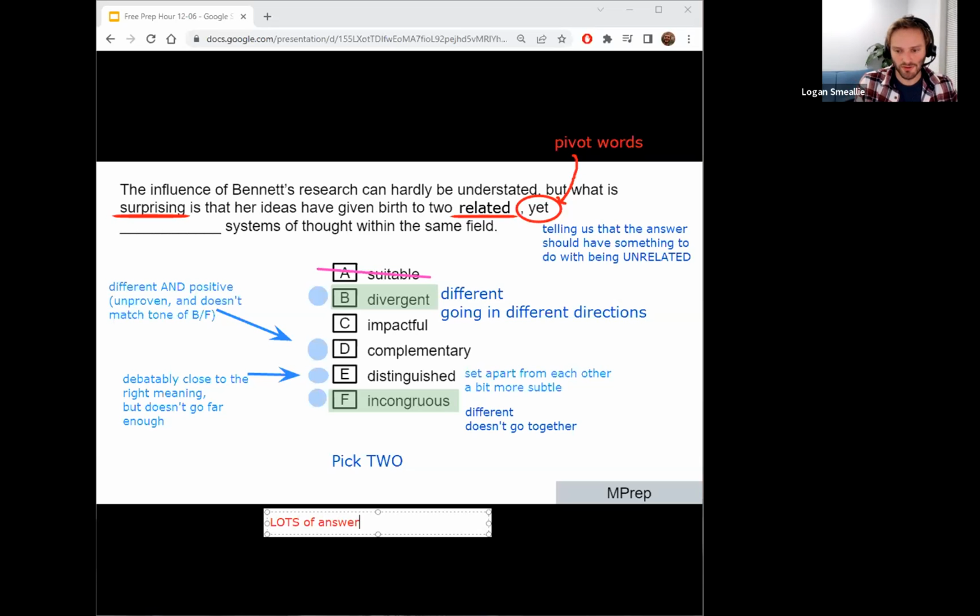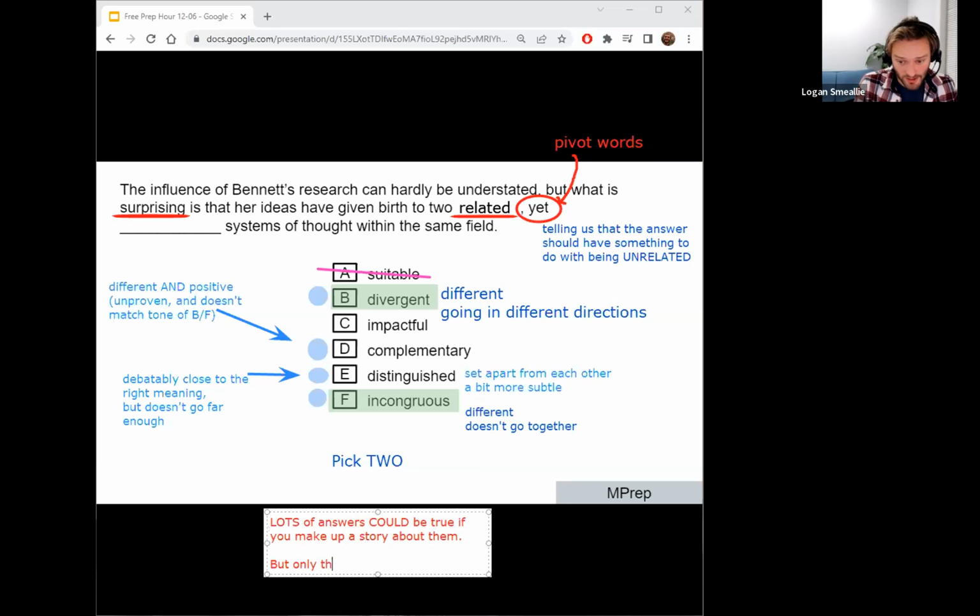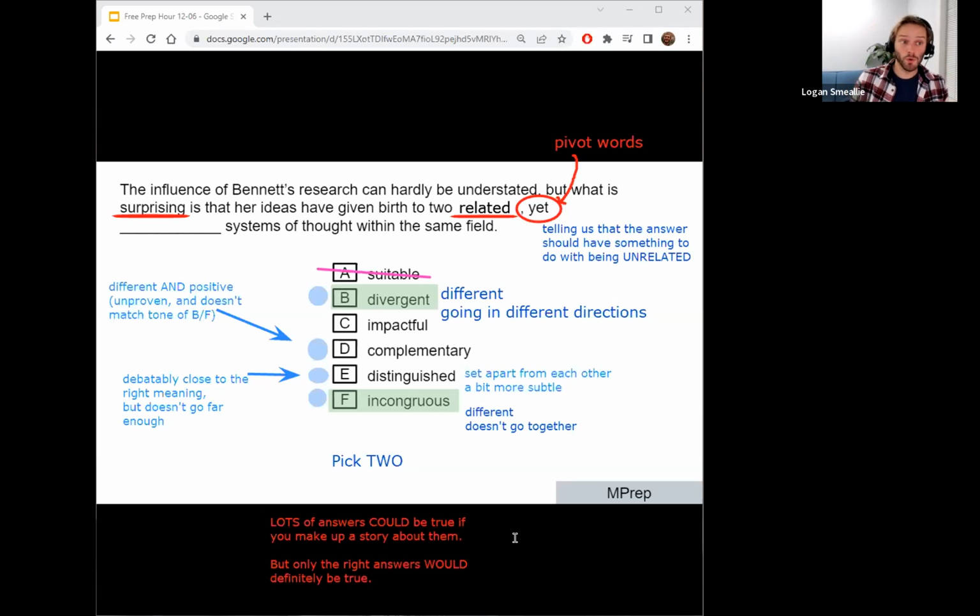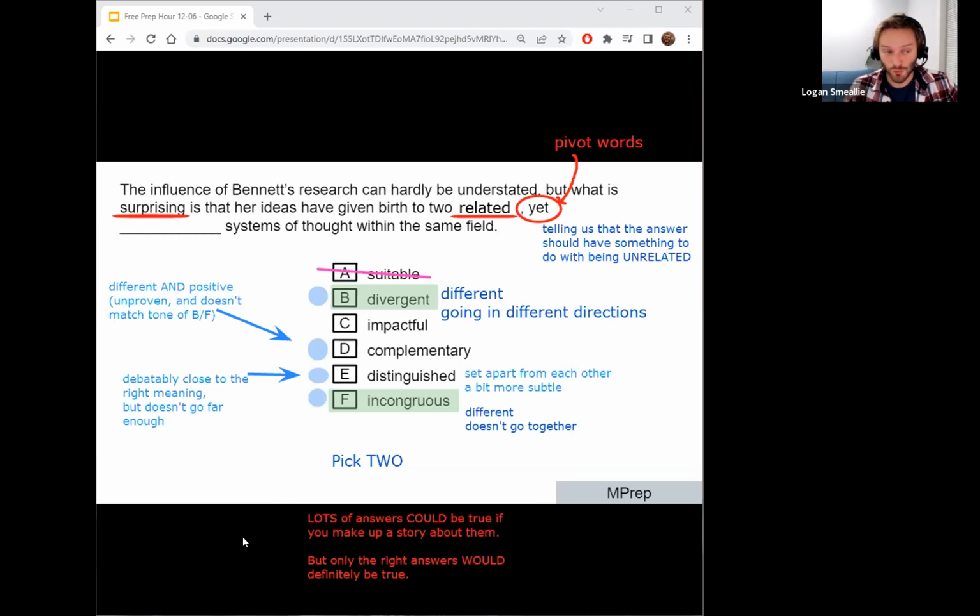Lots of answers could be true if you make up a story about them, but only the right answers would definitely be true. So that could versus would is another big focus of ruling out the odd word out.